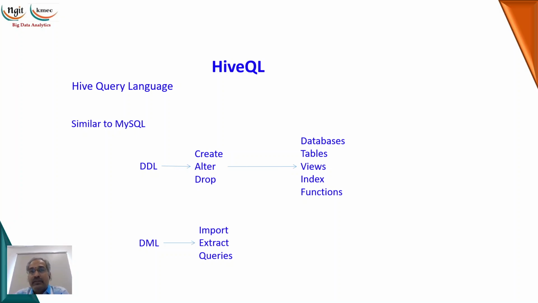Insert is also there, though we are not mentioning that here. We can insert data from one table into another table. But row level management of the data is not available in the original Hive, though it is available in another component.